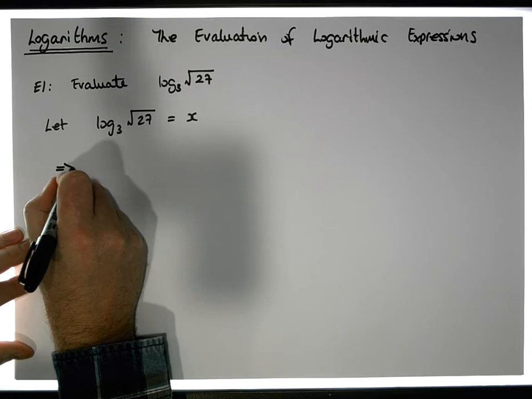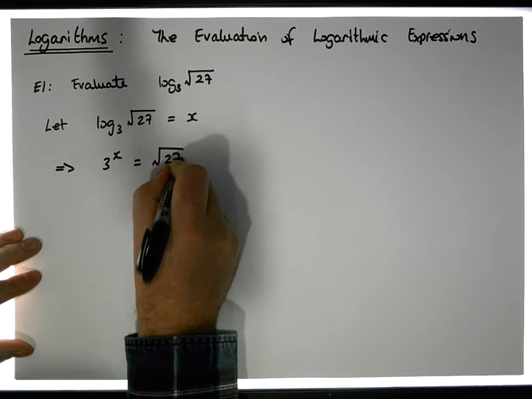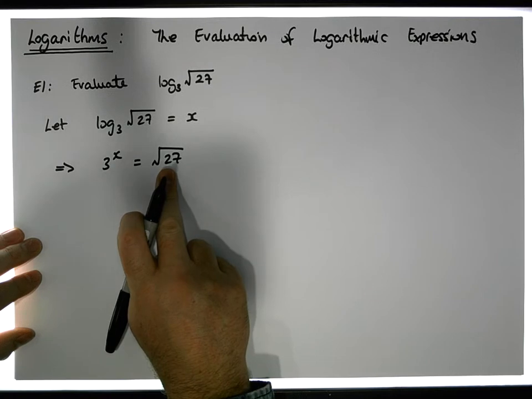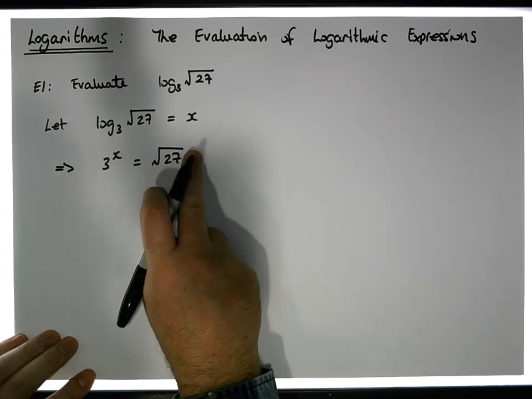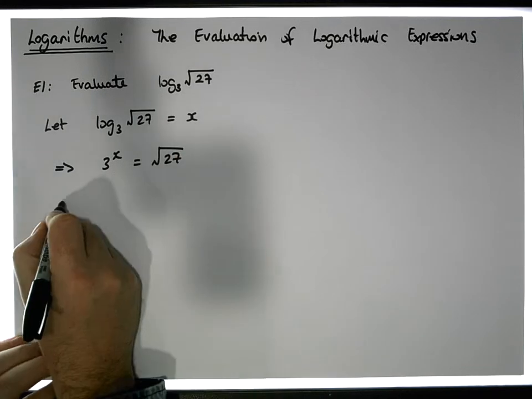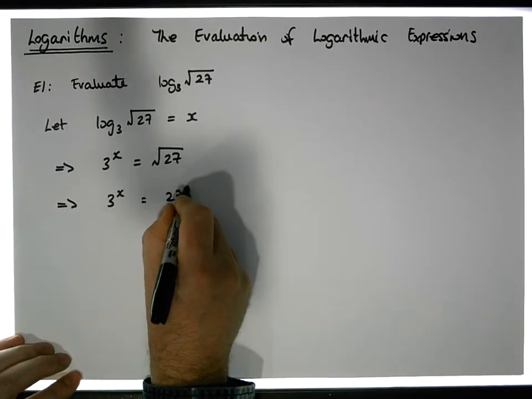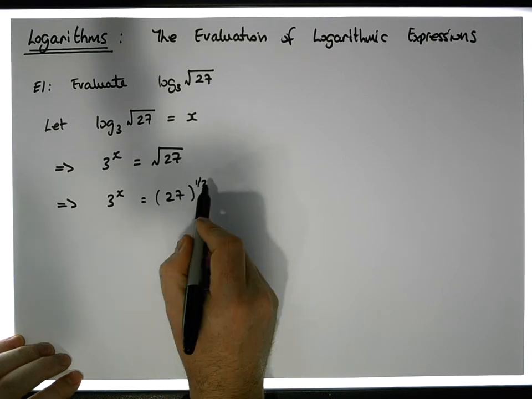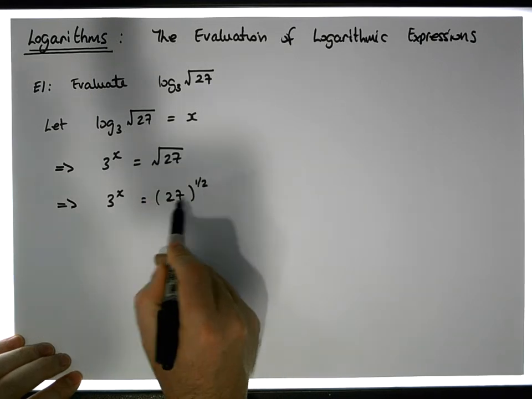If we put this in fractional notation, 3 to the power of x is equal to 27 to the power of a half. The square root is, by definition, a number raised to the power of a half.